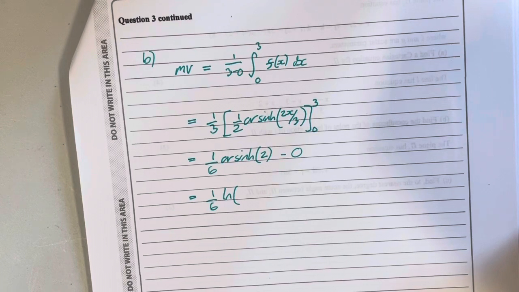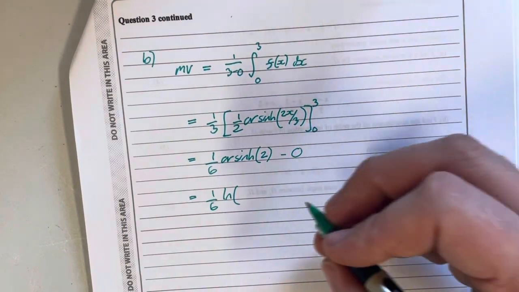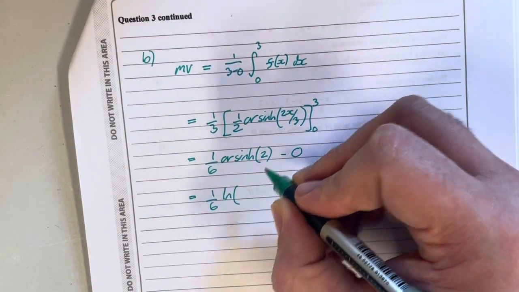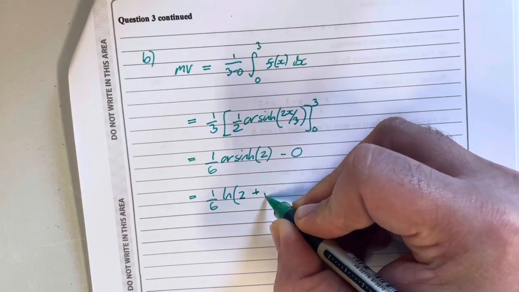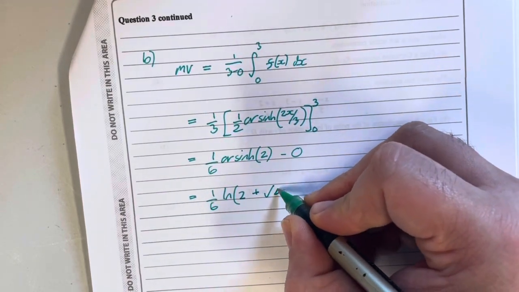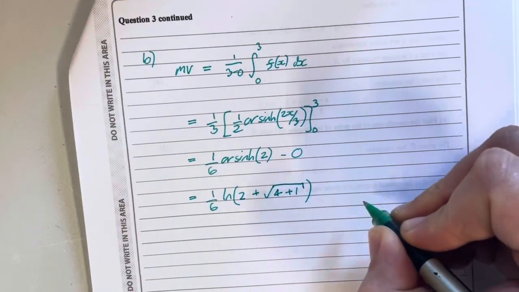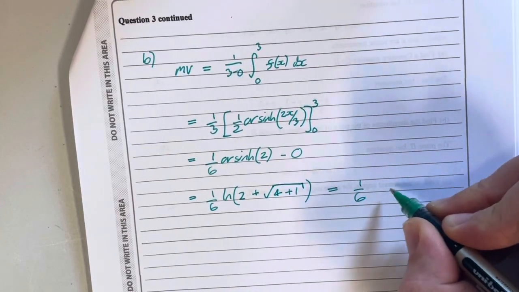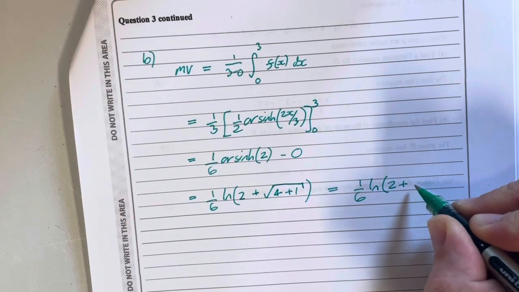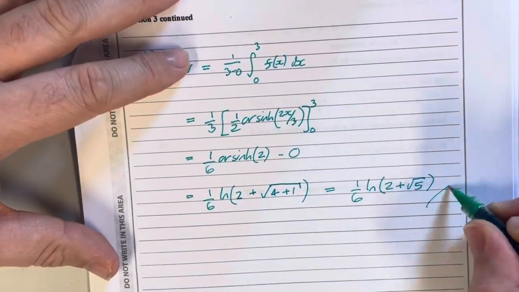Okay, and I want the logarithmic definition of arsinh. Should be in the hyperbolic section. There it is. It is the natural log of x plus the square root of x squared plus 1, so with x being 2, that was taken directly from the formula book, which is a 1/6 times the natural log of 2 plus root 5. And that's my answer.